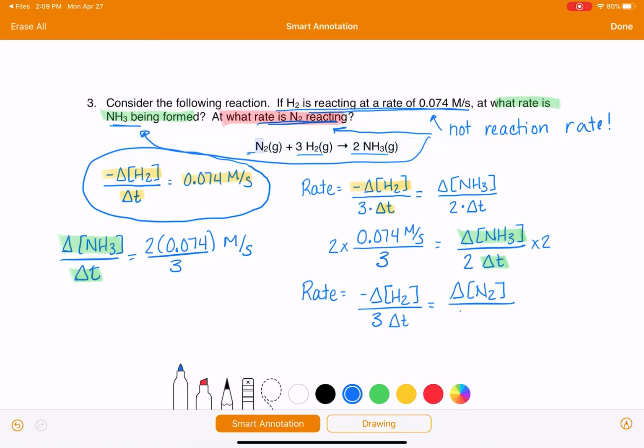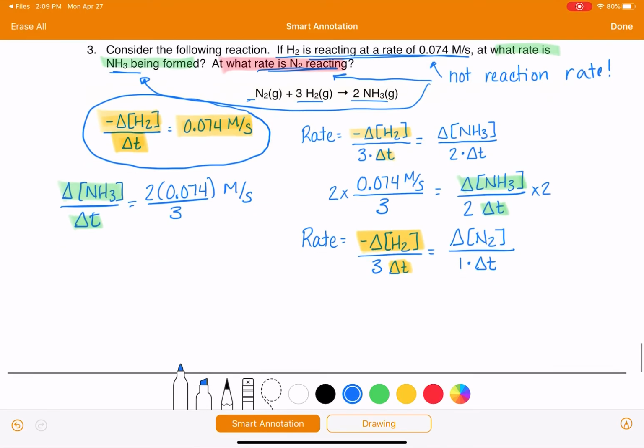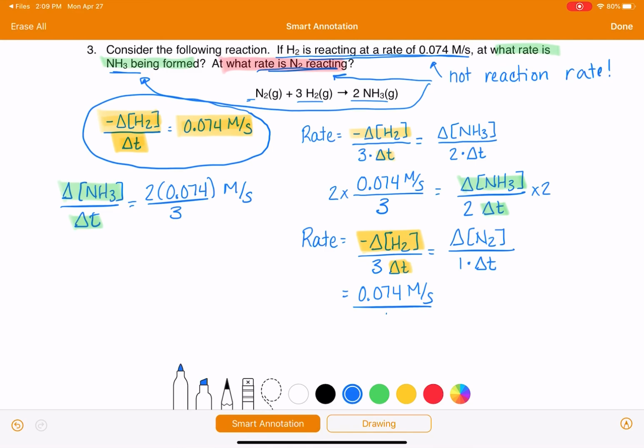The coefficient is 1, delta t. And again, negative delta [H2] over delta t is 0.074, so that's 0.074 molarity per second over 3.